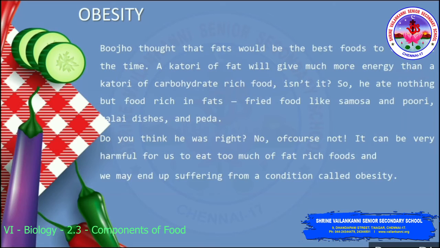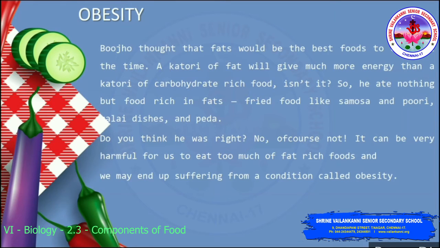Okay, so before we get into the deficiency diseases, let's first know about obesity. Let me demonstrate with an example of a person and what happens to him. Let's take Buju as an example. He is a boy who thought that fats would be the best foods to eat all the time.